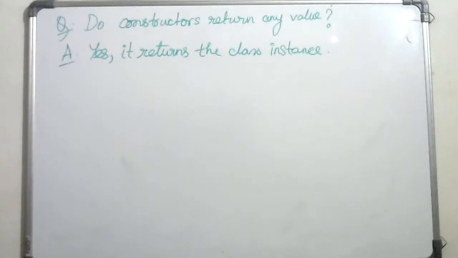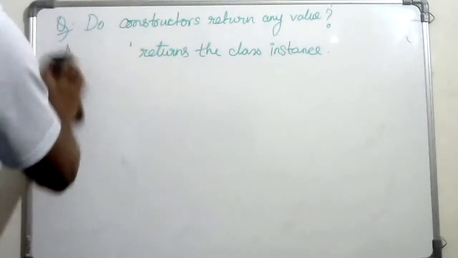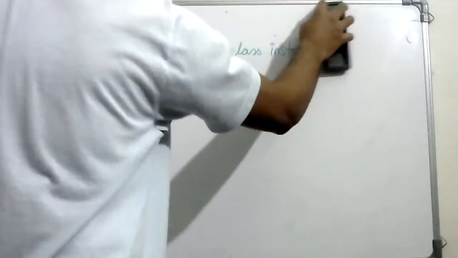You do not need to know. Just know if they ask you if constructors do return any values, yeah, they do. Constructors return the class instance. So that should be your answer. If you say no, the constructor does not return any value, you'll get a 0, because constructors do return values, and that value is nothing but the class instance or the object that called the constructor. So that's the first trick question.